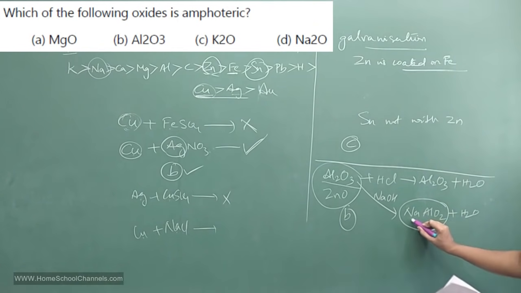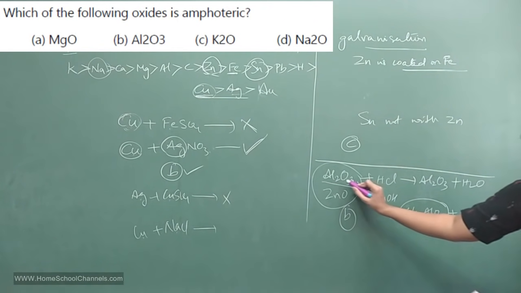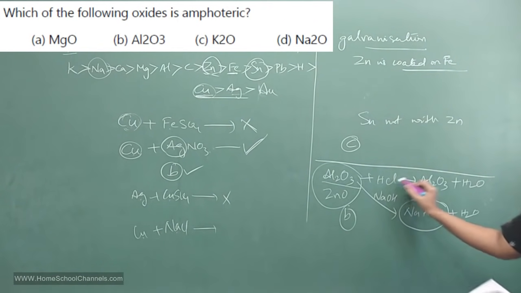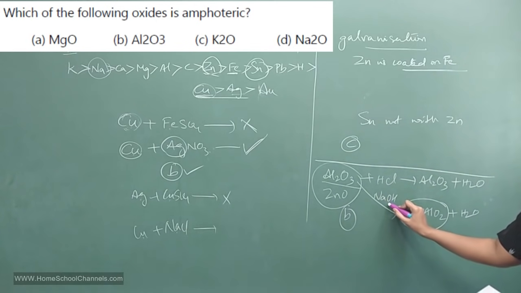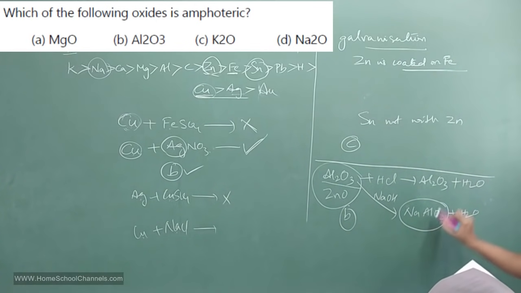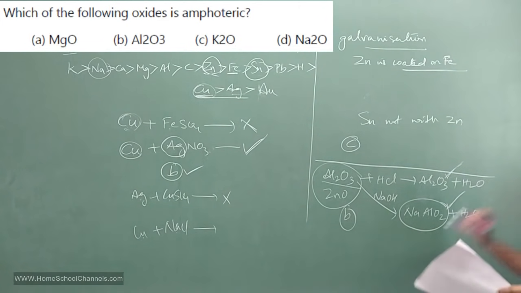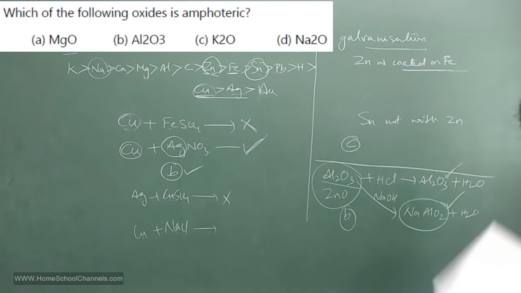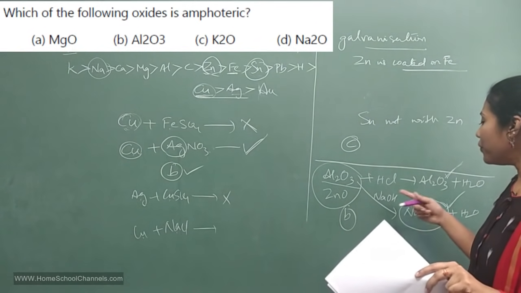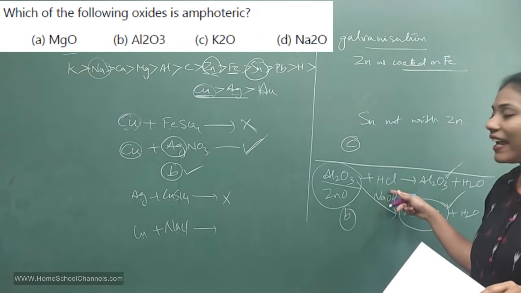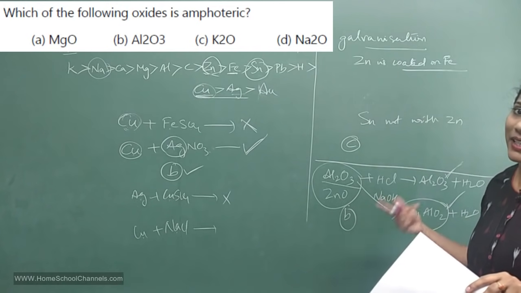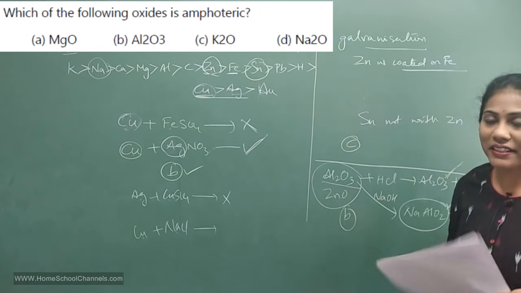So this is called sodium aluminate. So aluminium oxide when it reacts with an acid, what do you get? Aluminium oxide when it reacts with a base, what do you get? Both products are important. Maybe questions can be asked on this concept also. Okay, what is an amphoteric oxide, by the way? An amphoteric oxide is the one which can react with both acid and base to give salt and water, isn't it?